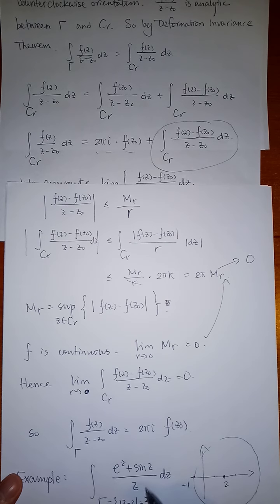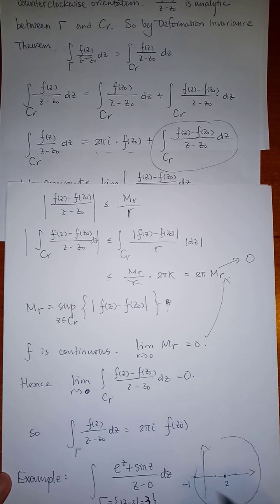And this function, you see here, it's z minus 0. 0 is here. 0 is inside. So here, this one will be our f. f(z) over z minus 0, the integral over the gamma.